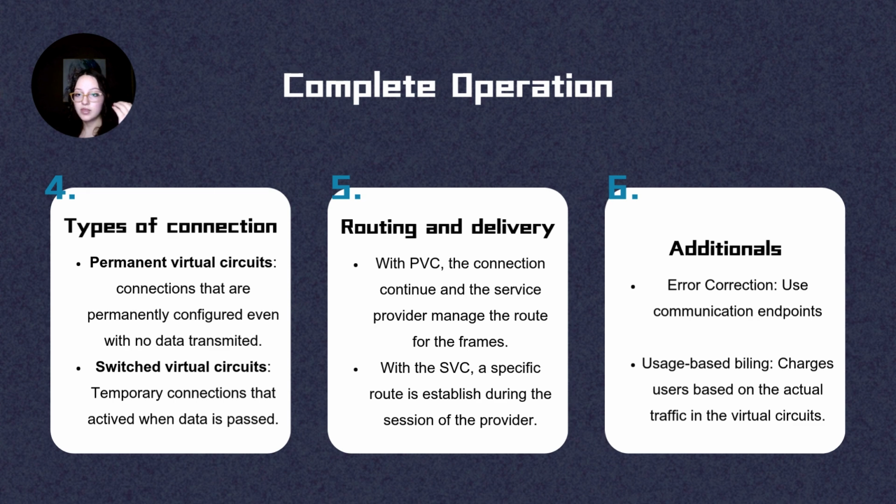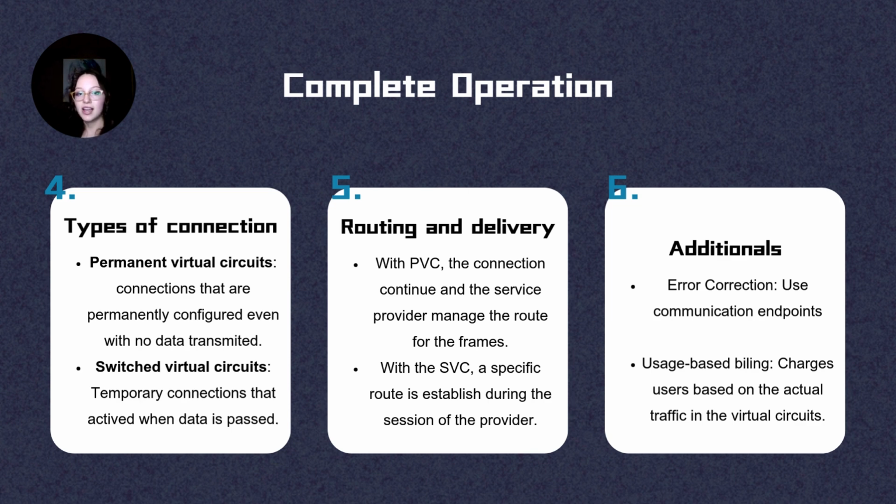This routing can change depending on traffic optimization or network congestion. But from the user's perspective, it always appears as a single direct line. For frames sent through switched virtual circuits, a specific route is established for the duration of the session. Once the transmission is complete, the circuit is released.